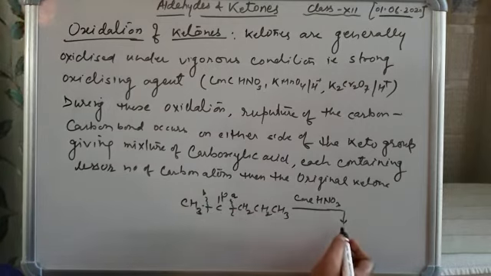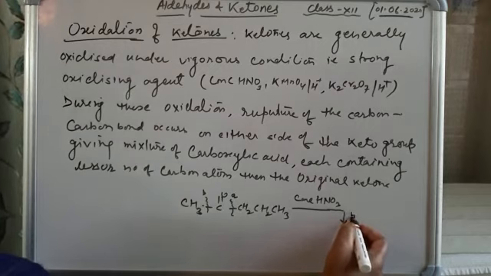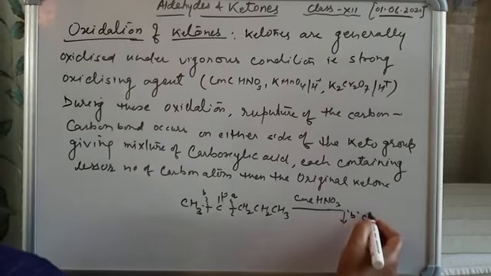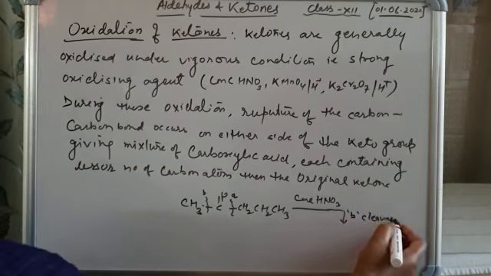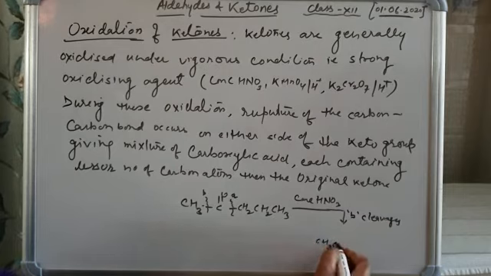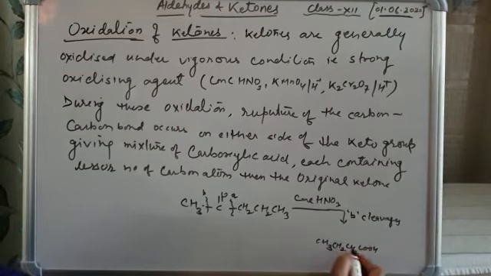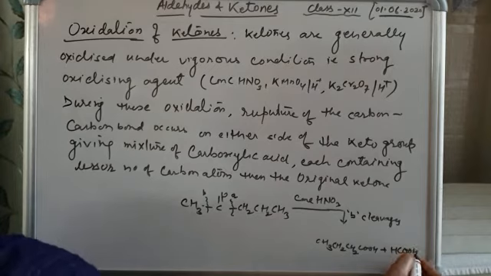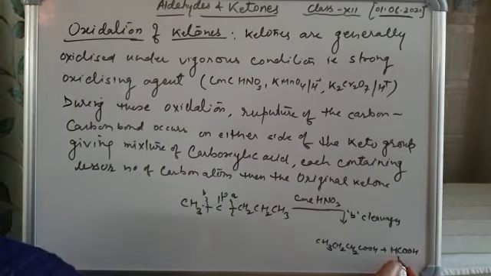Suppose bond B cleaves. So we obtain CH3CH2CH2COOH, butanoic acid, and formic acid. Formic acid is further oxidized to form CO2 and H2O.